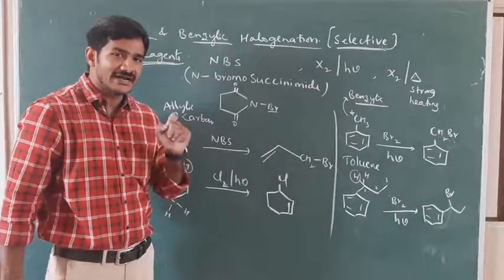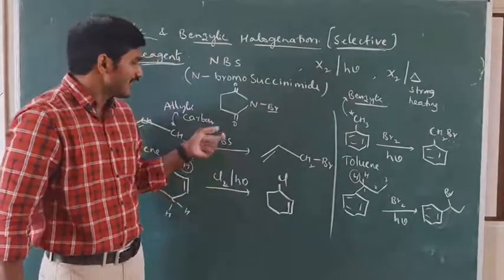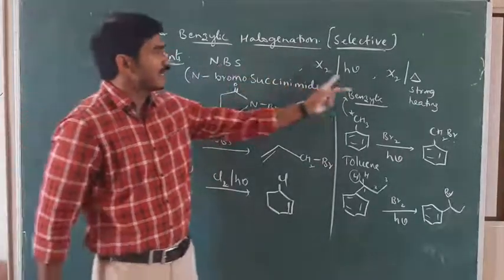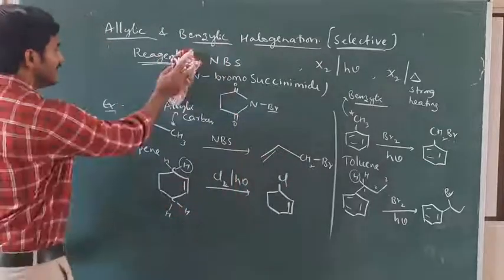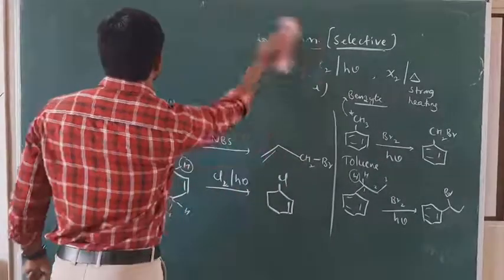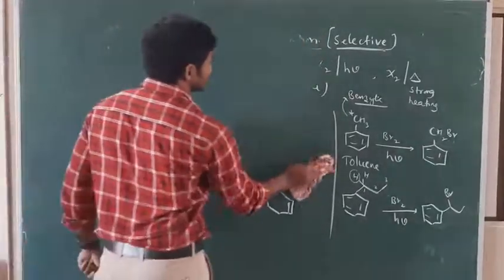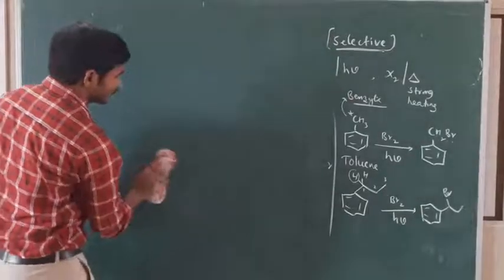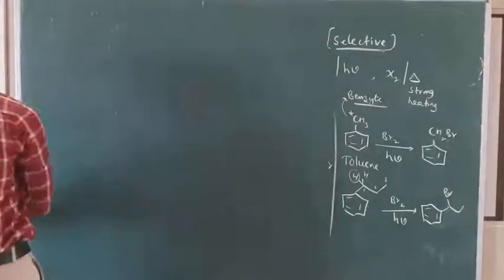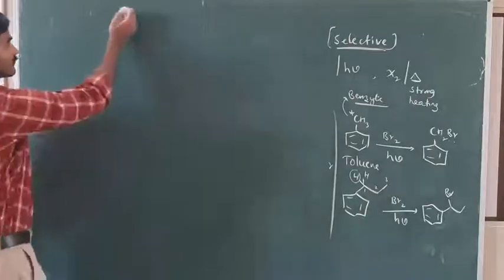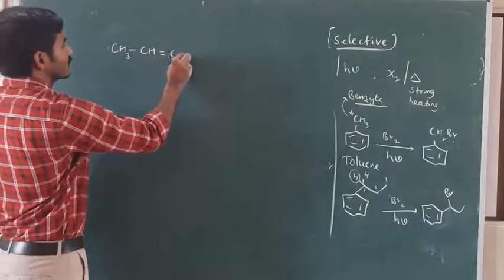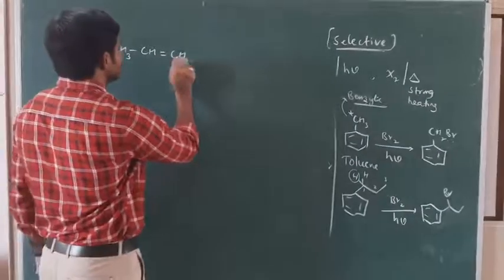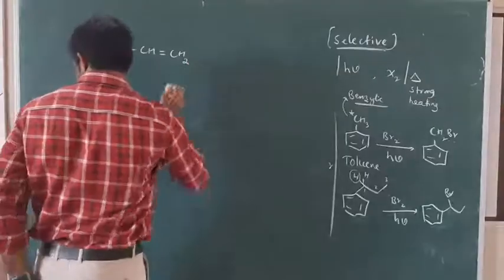So this way we can convert the allylic and benzylic carbons if they contain hydrogens. Allylic and benzylic hydrogens can be substituted with halogens with NBS, halogen with light, or strong heating. Let me tell you some other examples. CH3, CH double bond CH2.